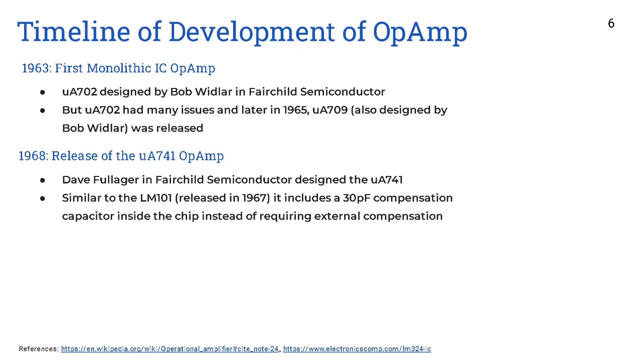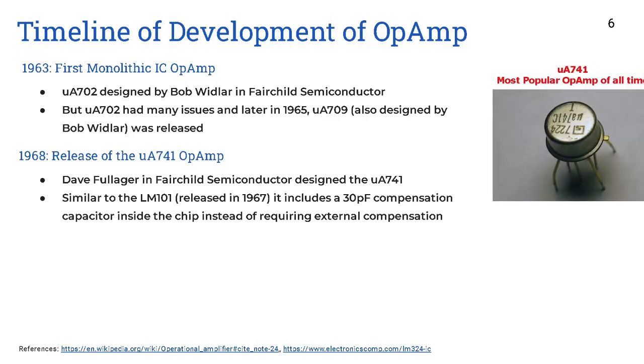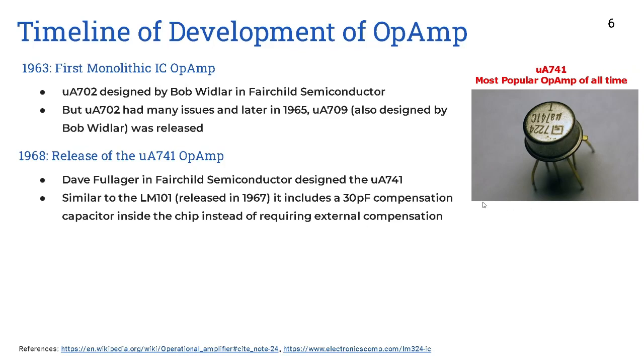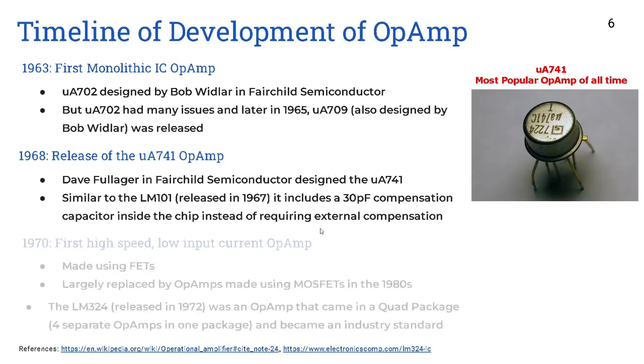But the μA741 included a 30 picofarad compensation capacitor inside the chip itself instead of requiring external compensation. This compensation is basically adding some elements in the circuit to make the circuit stable and to make it work over a wide range of gains. Because of the superior manufacturing facilities at Fairchild Semiconductor, Dave Fullagar was able to include this 30 picofarad capacitor inside the chip. And you can see a picture of this op-amp on the right, which was the most popular op-amp of all time, and you can still find it in the market today.